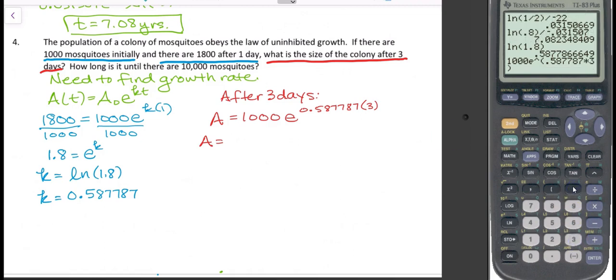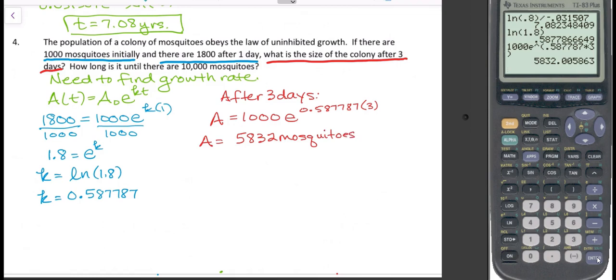I want all of that in my exponent position, so all of that goes in the parentheses, and there's my value after 3 days. I'm going to have 5,832 mosquitoes after 3 days. I'm not going to include any decimals here because I'm not going to count a fraction of a mosquito running around, just whole mosquitoes.